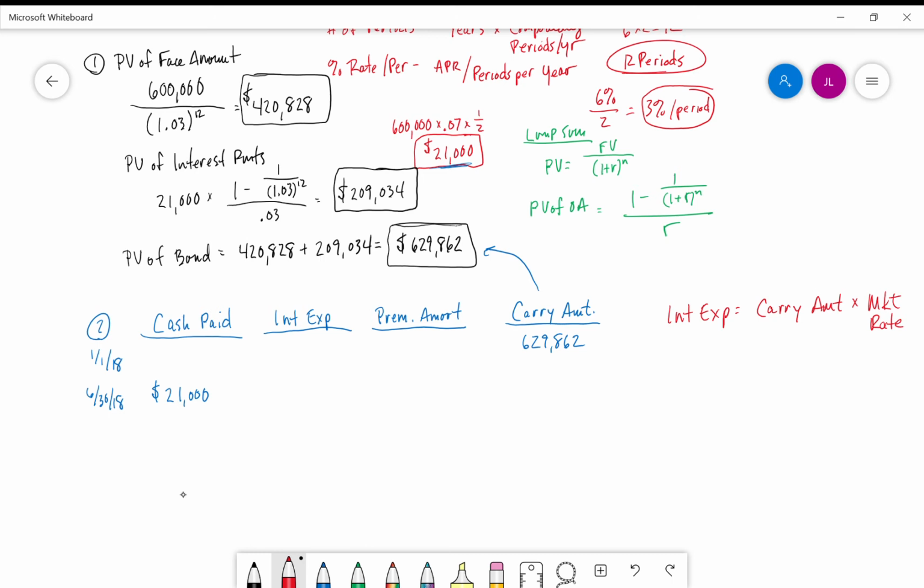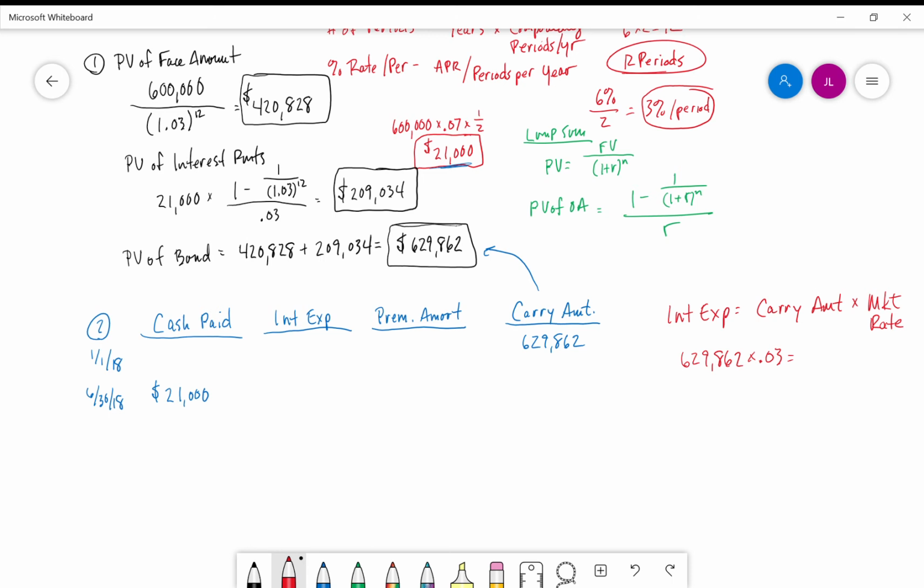So our carrying amount is $629,862. What was the market rate there? The market rate was 6%. But remember, we're looking at that per period, so it's 3% per period. So essentially, we multiply that by 0.03.